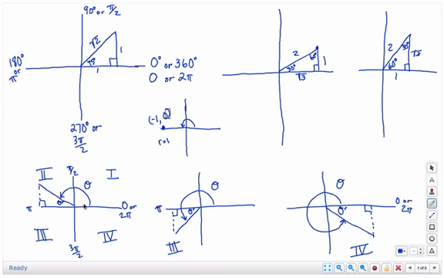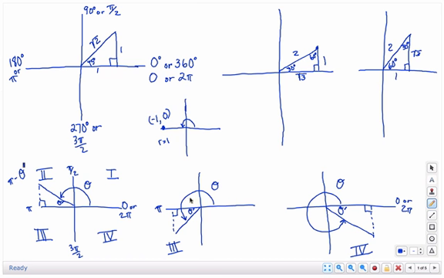And then from there you're going to calculate your angle. If I know the reference angle is either 45, 30, or 60 degrees, then I take pi, because all the way around here would be pi, and subtract my reference angle. So if it's in quadrant 2, I take pi and subtract theta prime, my reference angle.